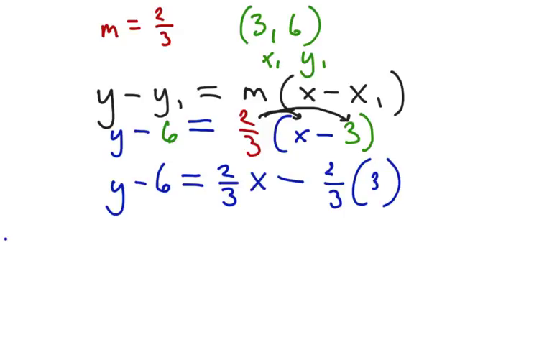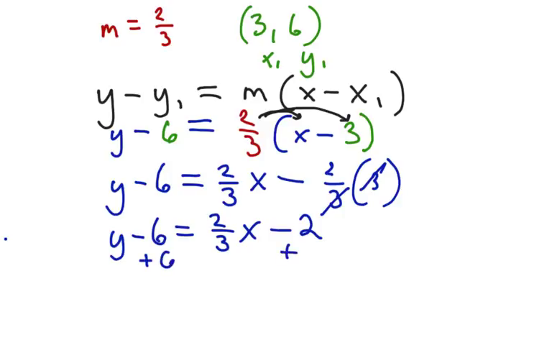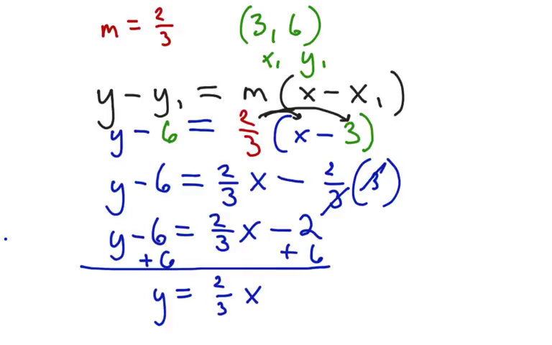Okay, and now I'm just going to simplify. I'm going to cancel out the 3's, and I get y minus 6 equals 2/3 x minus 2. I'm trying to get this into slope-intercept form. In order to do that, I've got one more step. I've got to add 6 to both sides. Add 6, and I end up with y equals 2/3 x plus 4.